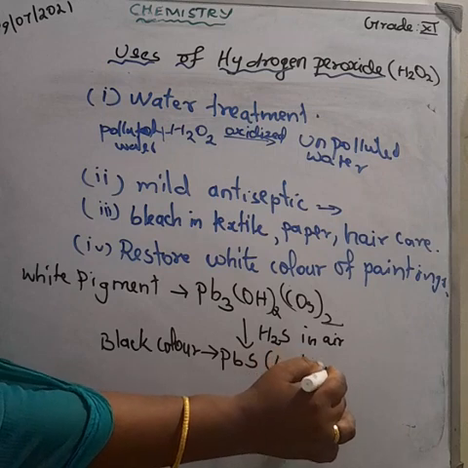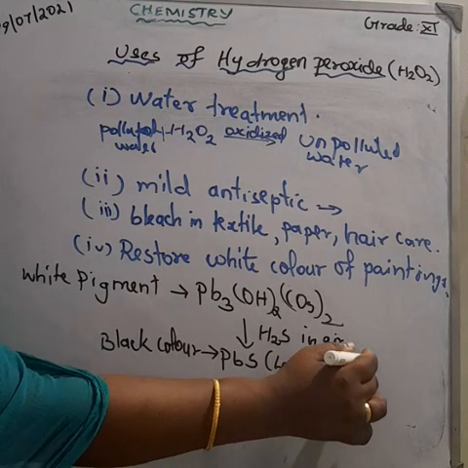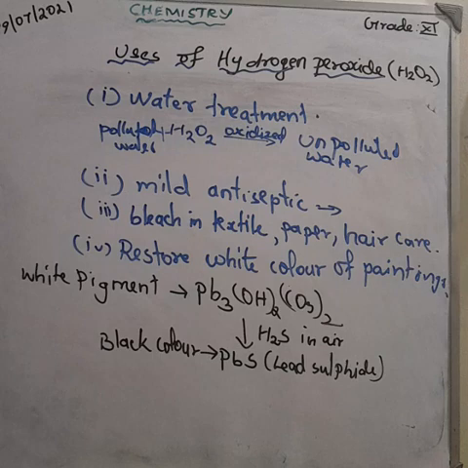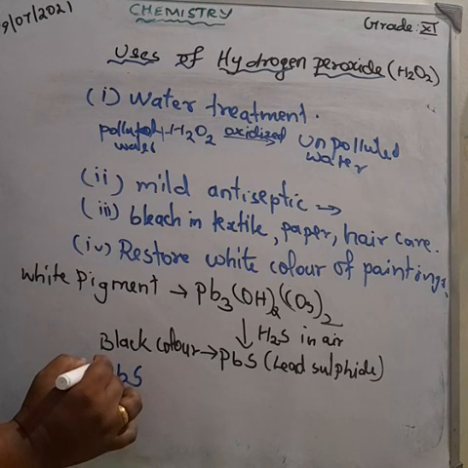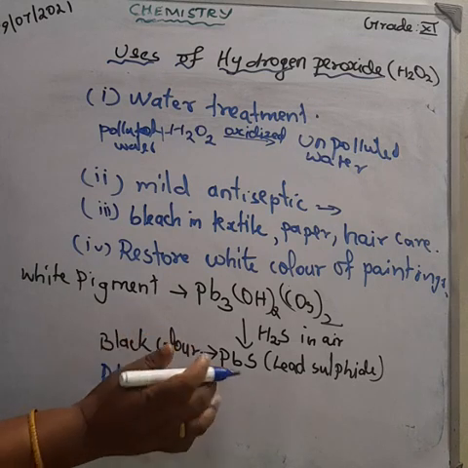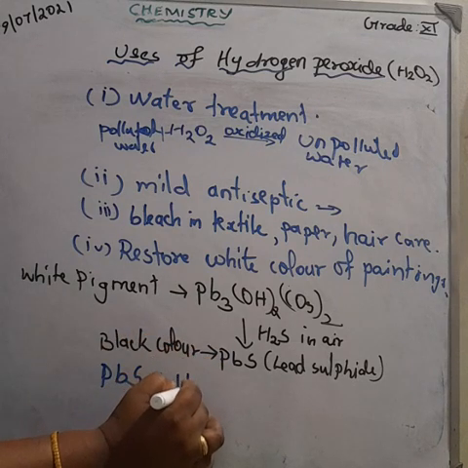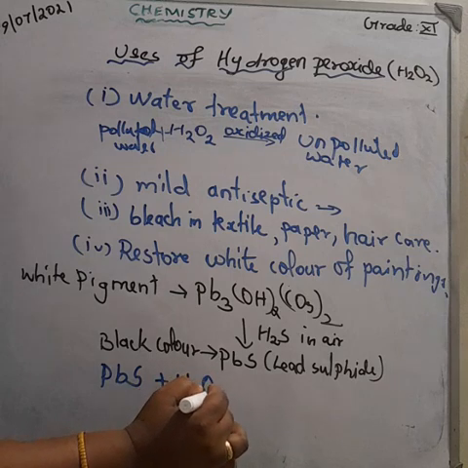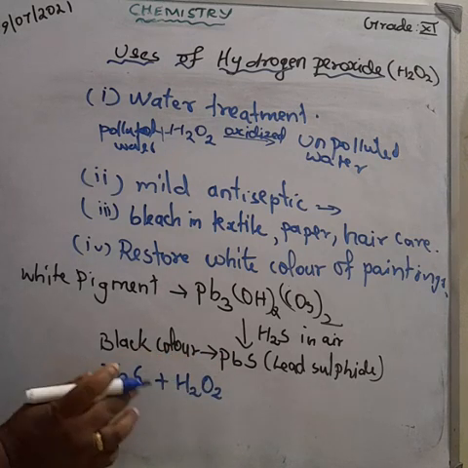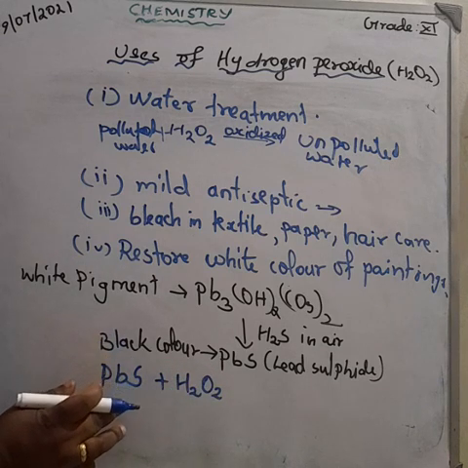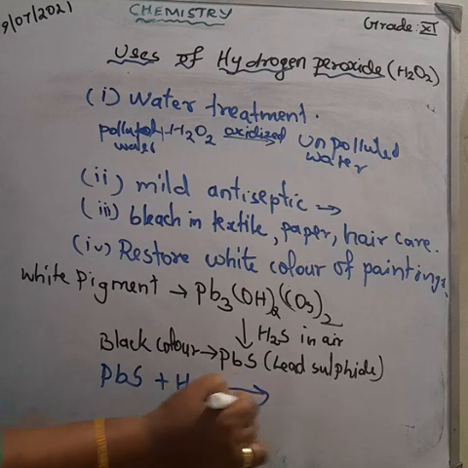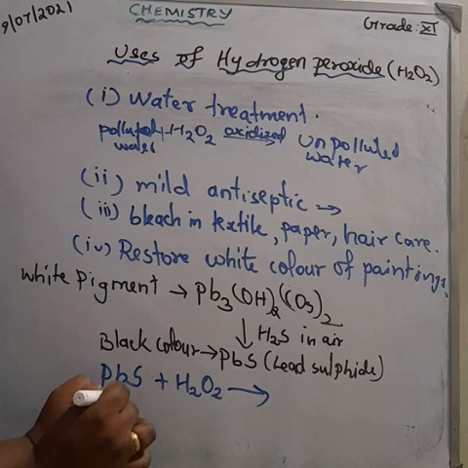So when we use hydrogen peroxide on the paint, it is an oxidizing agent, so it oxidizes the black colored lead sulfide to white colored lead sulfate.